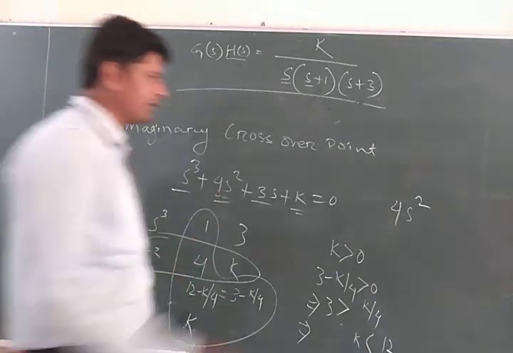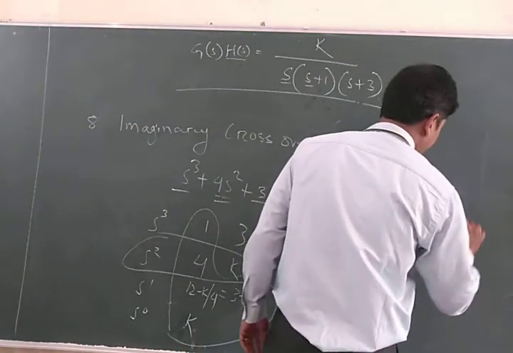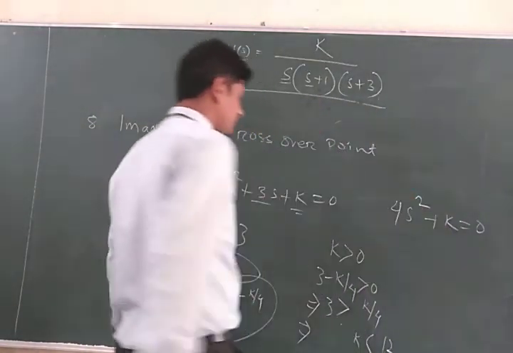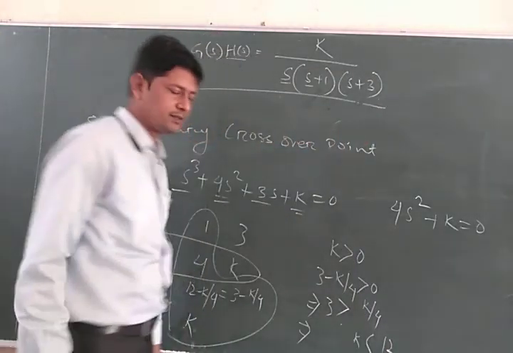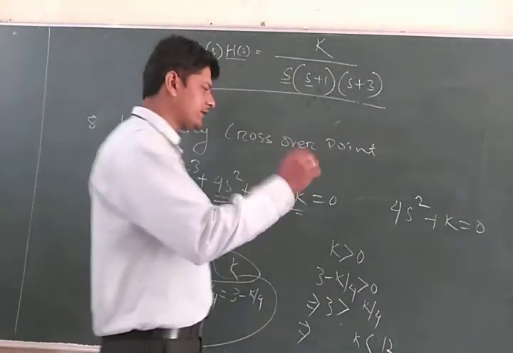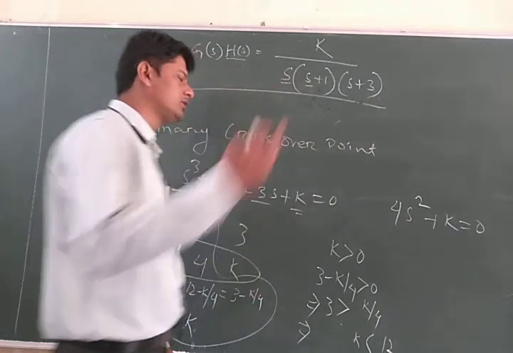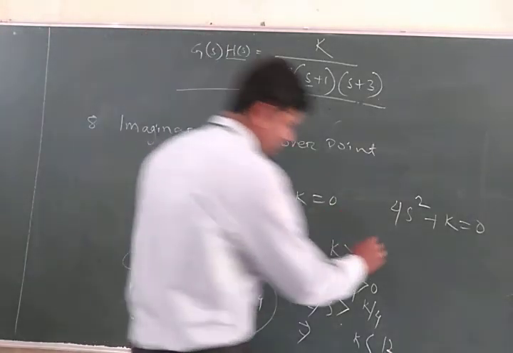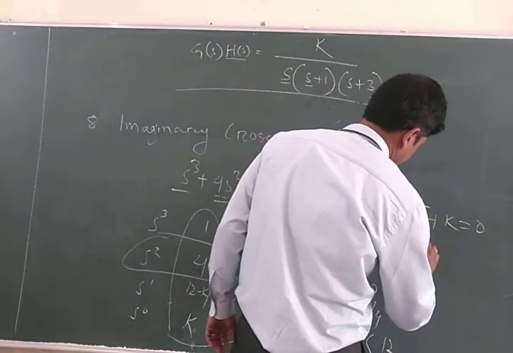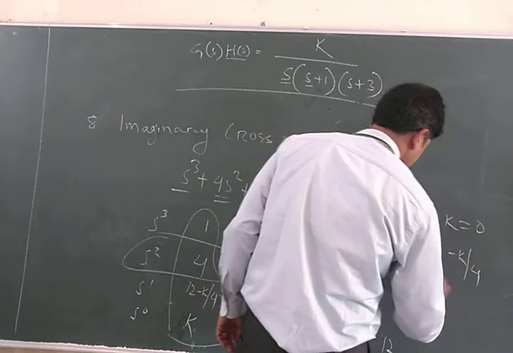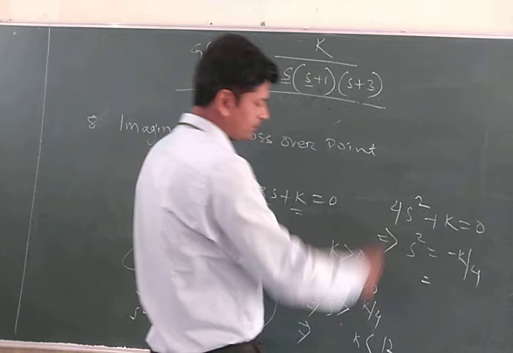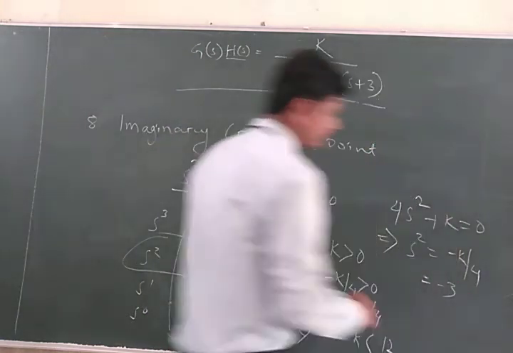Solving this equation by putting the value of K equals 12, we find the exact location where the root locus crosses the imaginary axis. So s square equals minus K by 4, with K equals 12, it becomes minus 3.